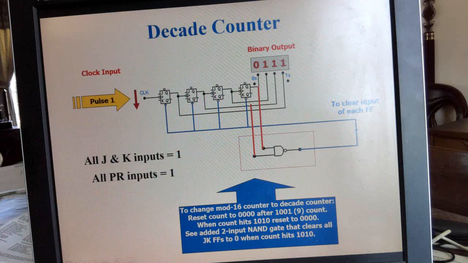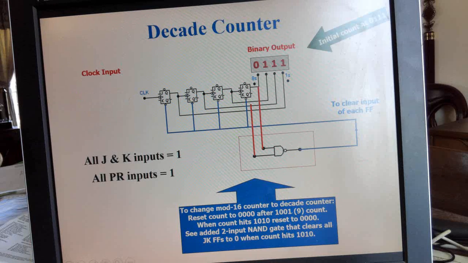All right. First pulse in, right? Okay, let's back up. The initial count here was basically 0, 1, 1, 1, which is 7, right?